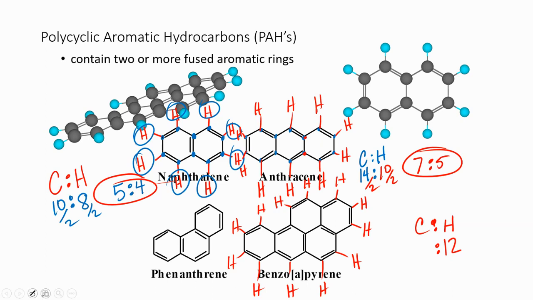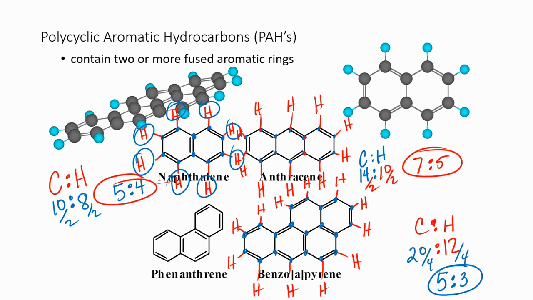And then we can check our carbons: 1, 2, 3, 4, 5, 6, 7, 8, 9, 10, 11, 12, 13, 14, 15, 16, 17, 18, 19, and 20. So we've got 20 to 12. These are both divisible by 4, and we'll actually have 5 to 3.